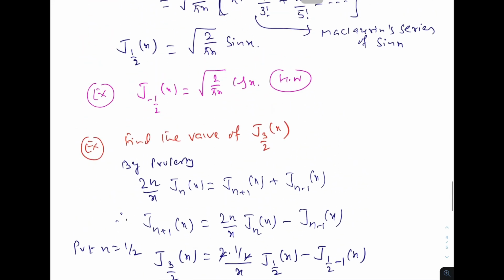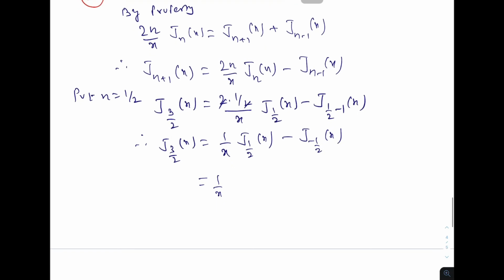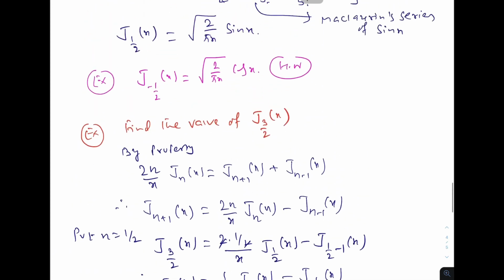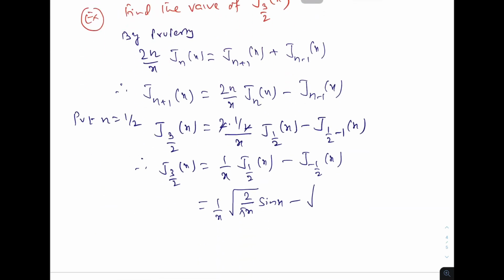Now j 1 by 2 x is this much: root 2 upon pi x sin x, and j minus 1 by 2 x is root 2 over pi x cos x.